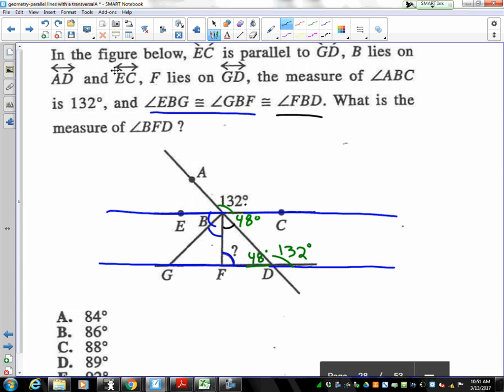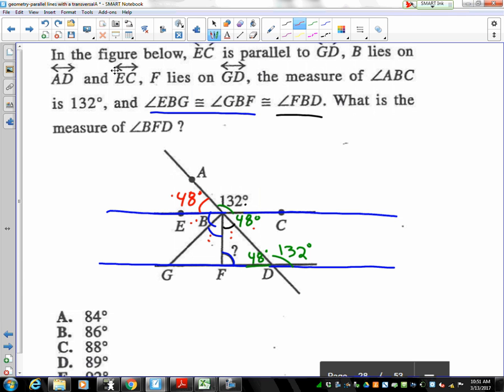That 132 is going to form a linear pair with that angle, or you can see it as a vertical angle with that angle. So that would give me 48 degrees. Now, to figure out these three angles, let's notice that all four of those angles form a straight line, so they're 180 degrees.